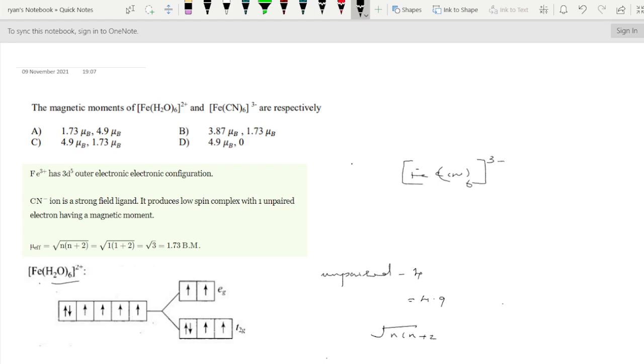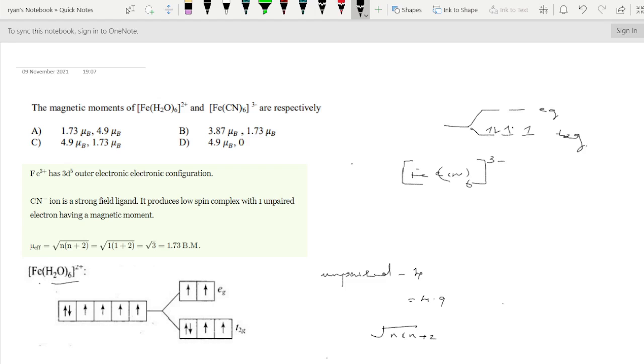In the eg orbital 2, t2g 3. [Fe(CN)6]3- has a strong field ligand. Therefore you have to consider the low spin complex: 1, 2, 3, 4th electron we can draw here.